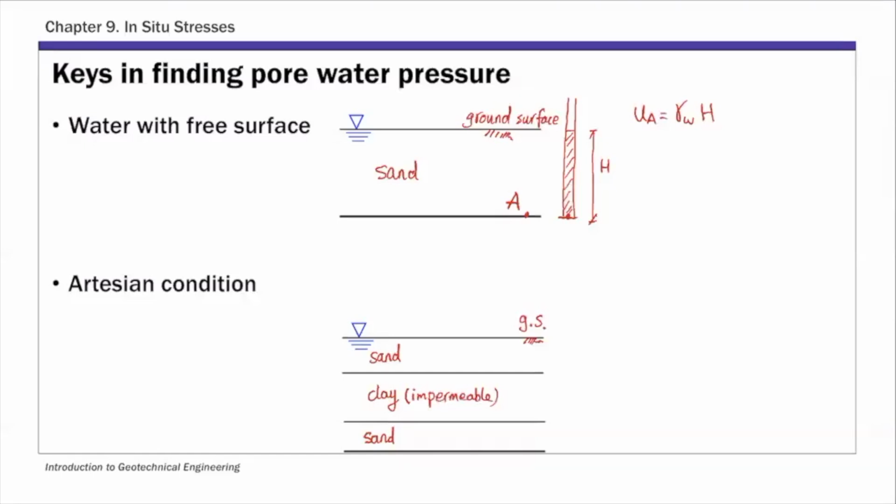In this case, the sand layer at the bottom is under artesian condition, because it has an impermeable clay layer pressing on top. So it increases the pore pressure within the second sand layer. And the top one has that free surface.